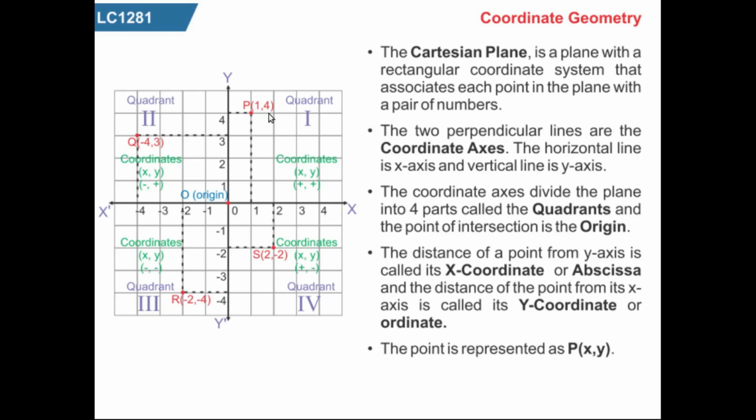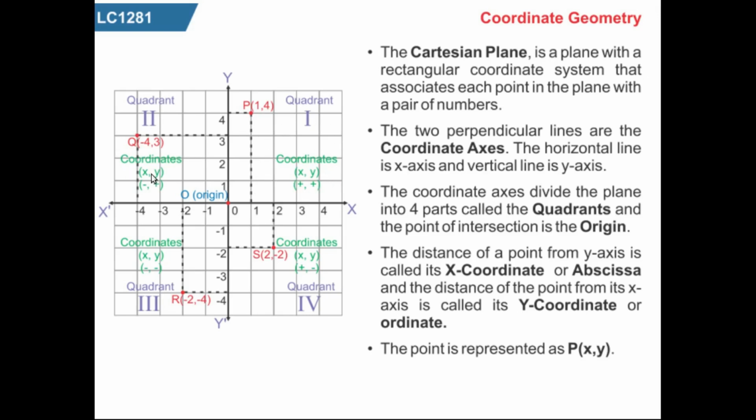One more thing: in this first quadrant we have positive x-axis and positive y-axis. So the points we pick from this particular quadrant will all be positive.